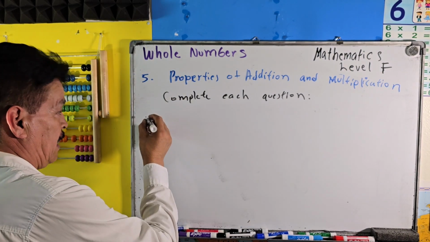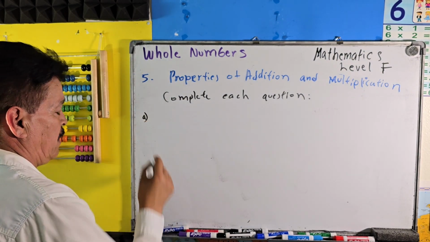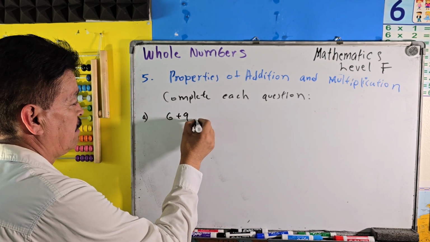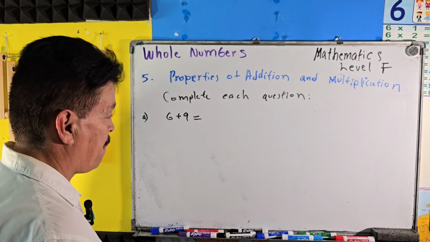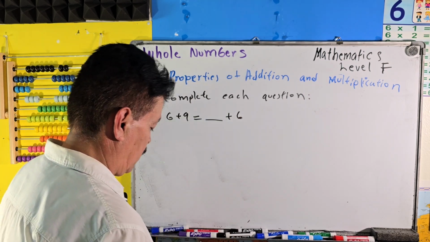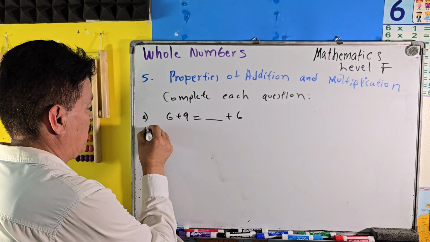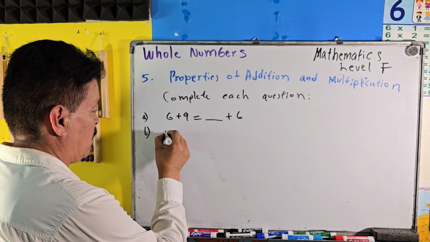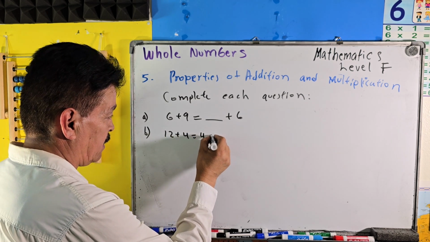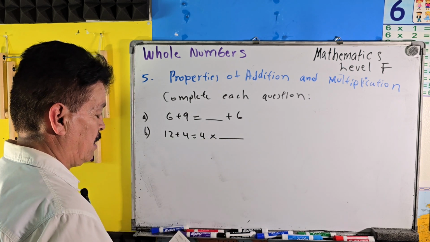If we have, let's write here, 6 plus 9 equals some number plus 6. I will write some problems here like an exercise. Let's write 12 times 4 equals 4 times some number.